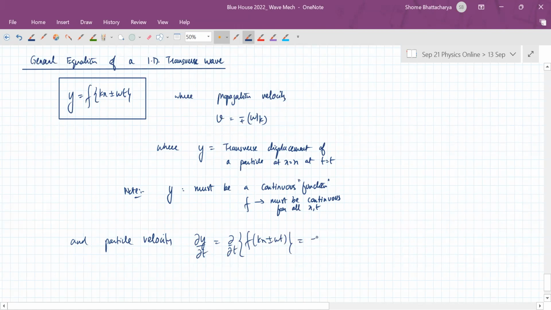So that will become plus or minus omega into the derivative of this function. Now this partial derivative represents a physical quantity, that is the particle velocity.